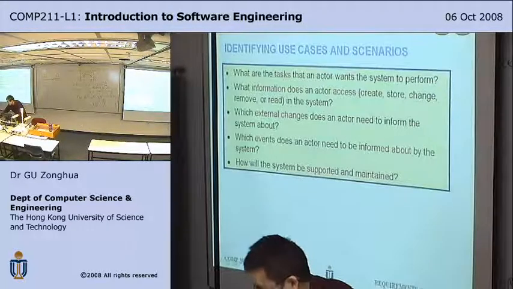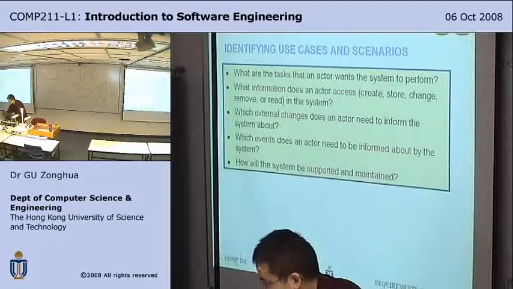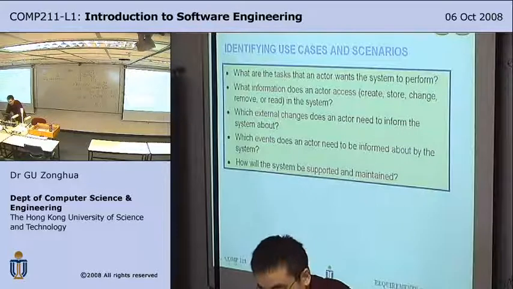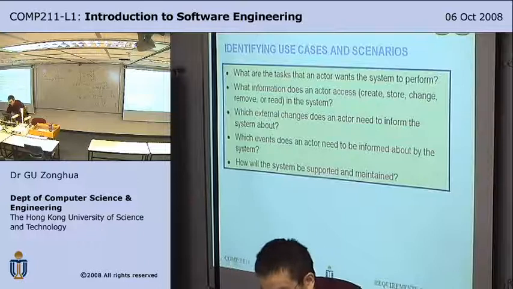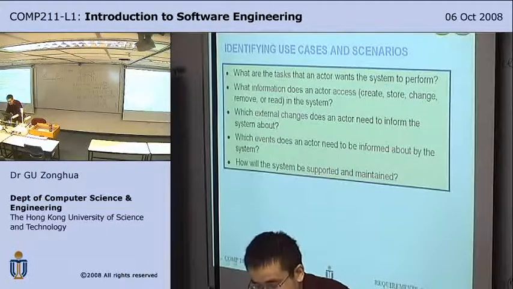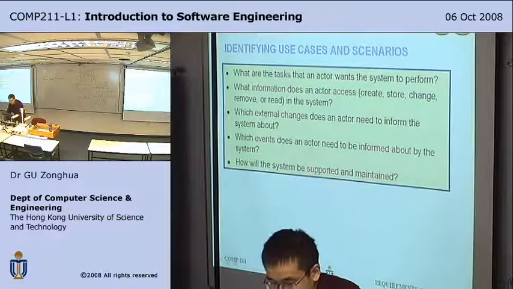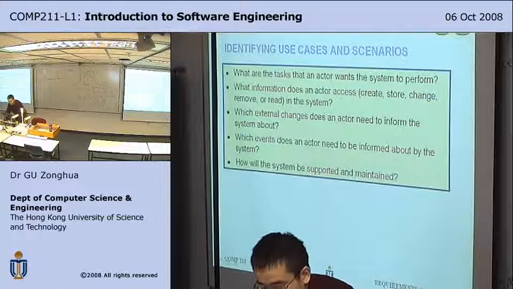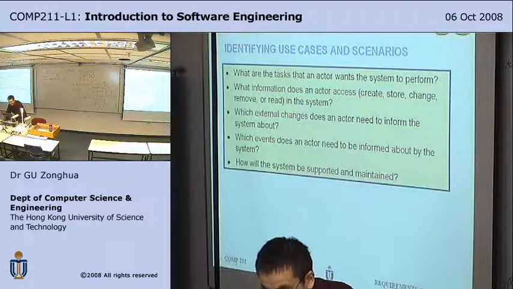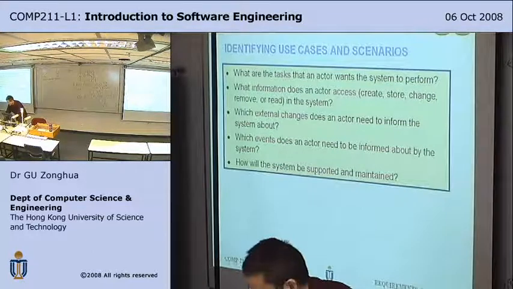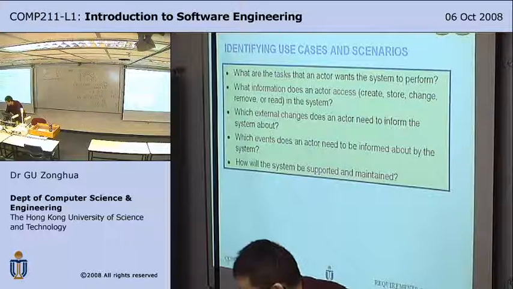So how do you identify use cases and scenarios? You ask yourself, what are the tasks that an actor wants the system to perform? Register for a course, it's obviously a task you want to do with the registration system, right? What information does an actor access, including create, store, change, remove, and read in the system?